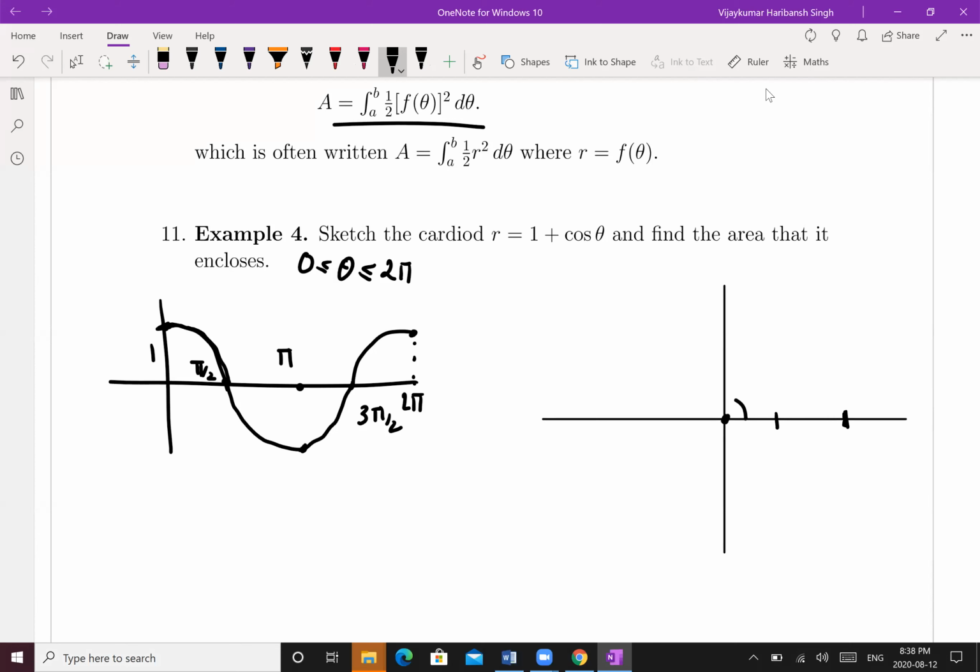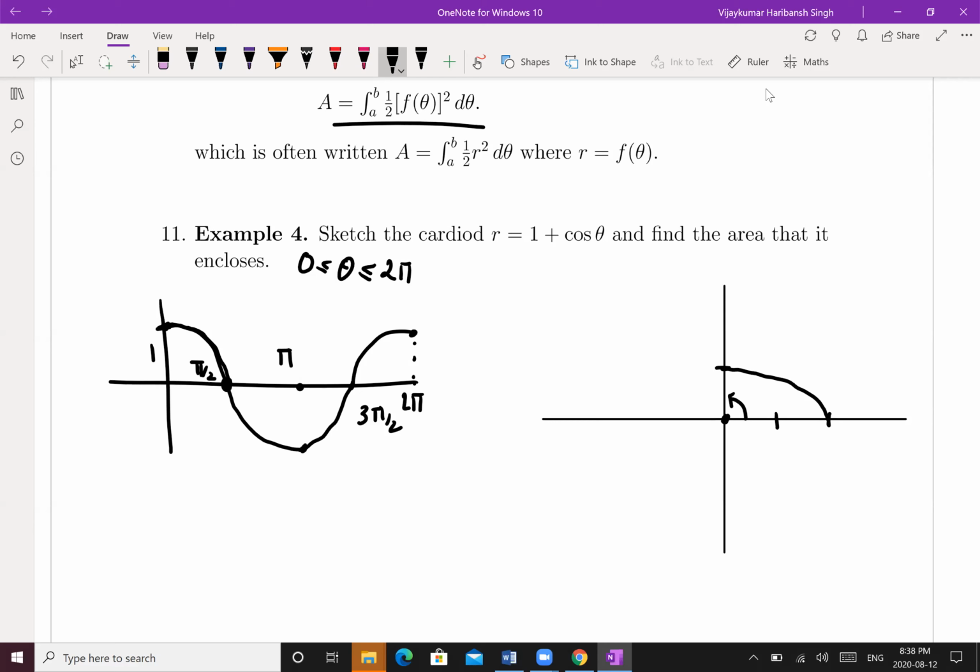So when the angle is pi by 2, r becomes 0. So it starts decreasing from 2 to become 1, and then decreasing further.